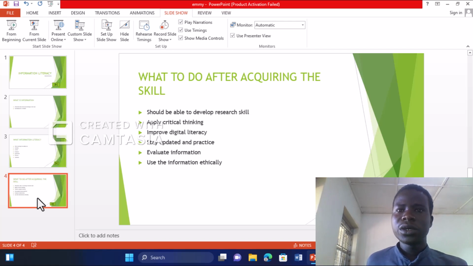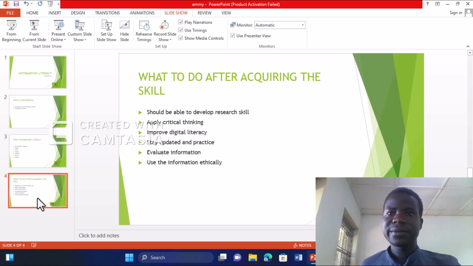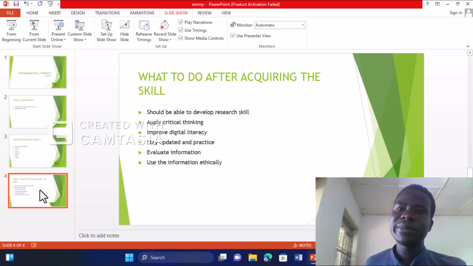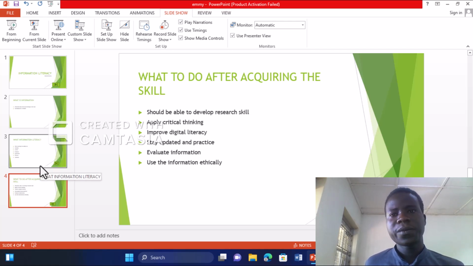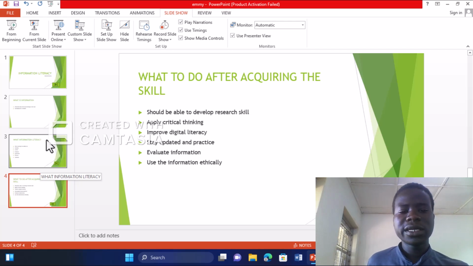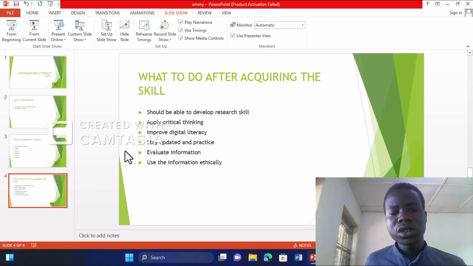Number one, you will be able to develop research skills, like using academic databases like Google Scholar, PubMed, and JSTOR for reliable sources, and you learn Boolean search techniques. Not only that, you can also learn phrase searching techniques, like using AND, OR, NOT in the search engine for Boolean search strategy.